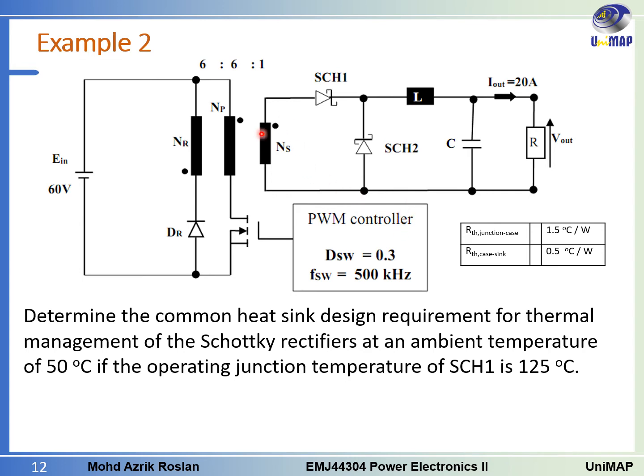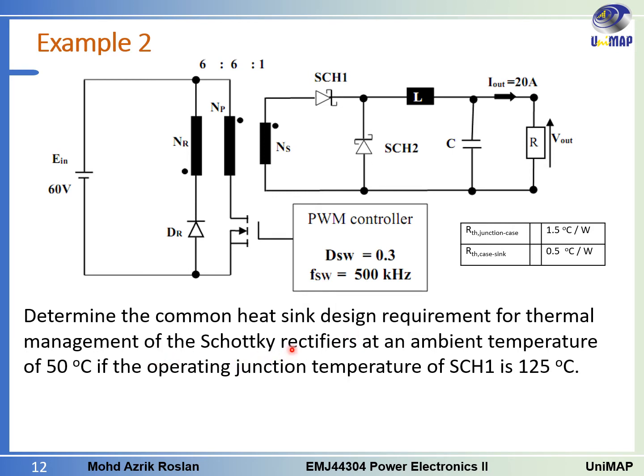Sometimes there will be maybe 2 diodes and 2 MOSFETs, so you have to base your calculation on those 4 components. For any given circuit in the question, you have to be really careful about how many components you should design the heatsink for.